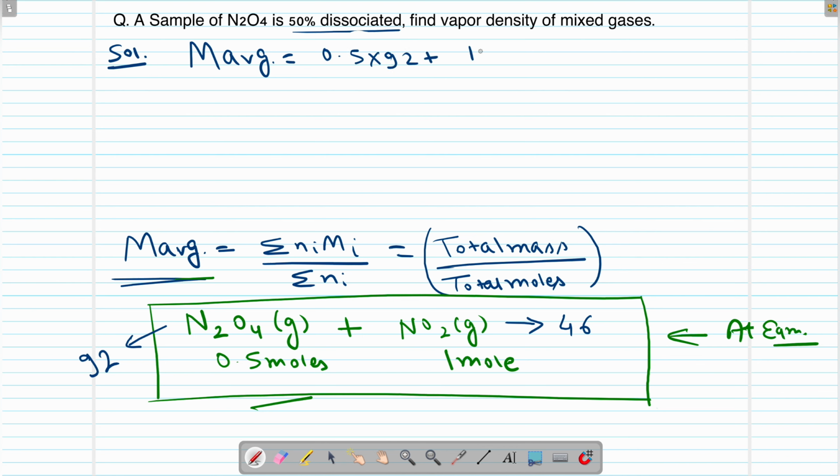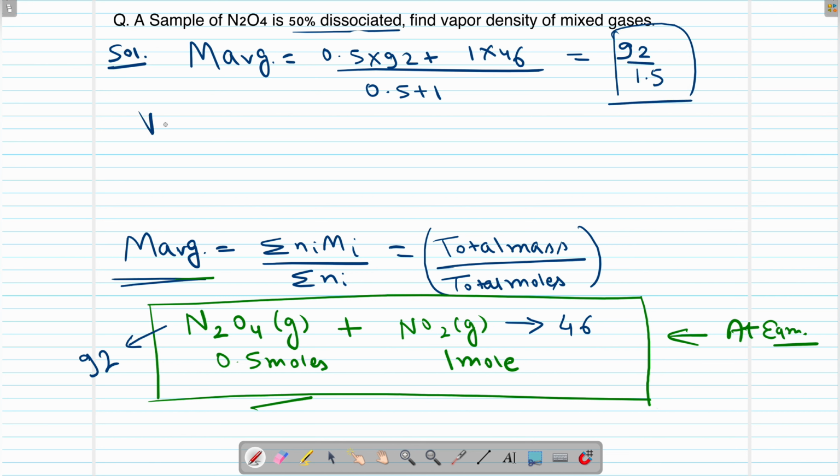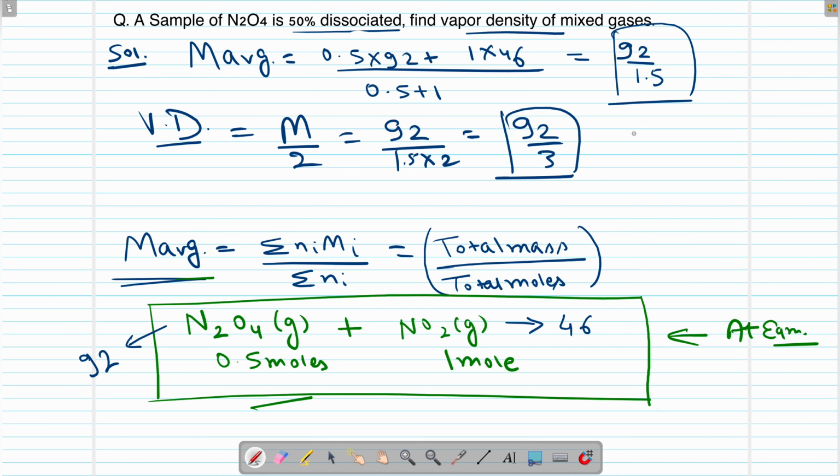So 0.5 multiplied by 92 plus 1 times 46 divided by 0.5 plus 1, and on solving we get 92 divided by 1.5, and this will be our value for M average. And vapor density, we know the formula, it is M average divided by 2. So 92 divided by 1.5 divided by 2 will come out to be 92 by 3. So this will be our answer for vapor density of mixed gas.